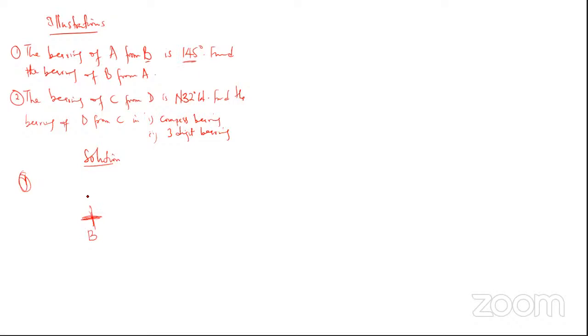So it means I must start from the north and read in a clockwise manner. This is up to 90. This is up to 180. 145 is not up to 180. But what will I add to 90 to give me 145? I think the best way is to say 145 minus 90, and that should give me 55. So I need to add 55 to 90 so that I have 145. So it should be somewhere here.